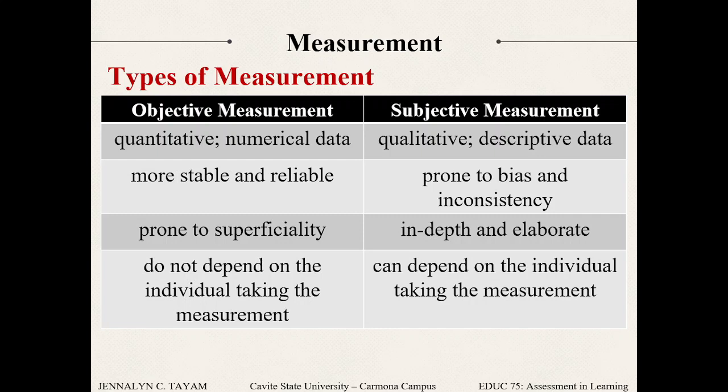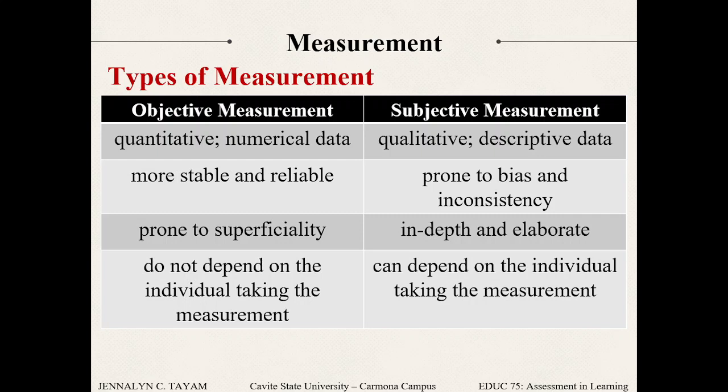An objective measurement is not dependent on the person taking the measurement because the measurement instrument can stand alone. On the other hand, a subjective measurement being dependent on the individual taking the measurement can play as either a strength or a weakness because the quality of the measurement result is highly reliant on the human factor or the individual taking the measurement.